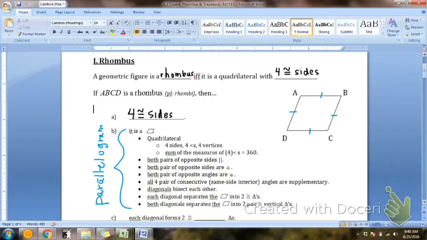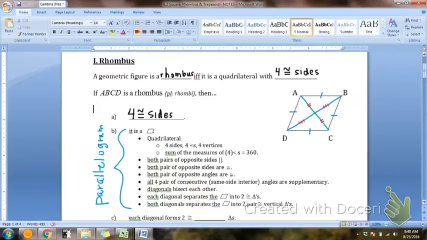We have 2 diagonals, so let's draw 2 diagonals from A to C and B to D. The diagonals bisect each other, which means that this is congruent to this one, and this one is congruent to this one. But they're not the same. So the diagonals are not congruent. They just bisect each other.